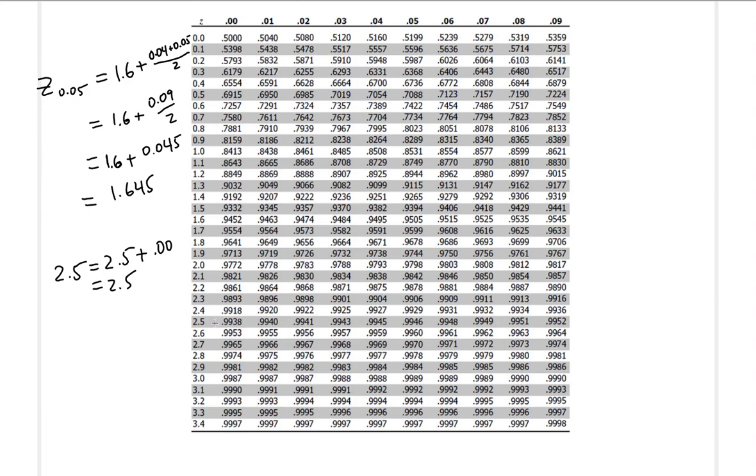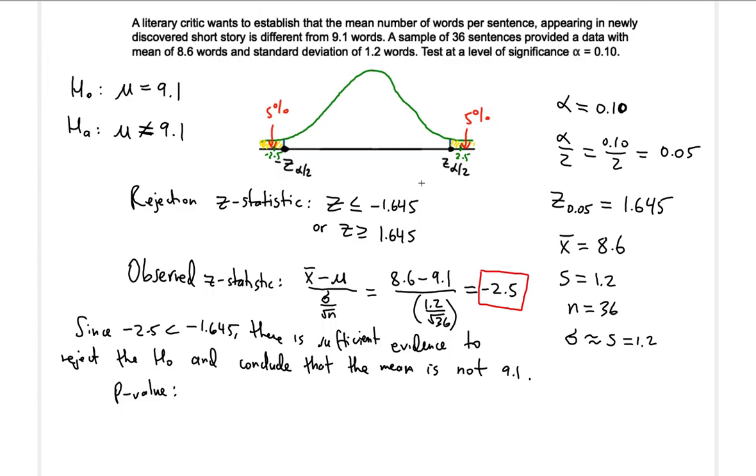Right? So 2.5. So to find the p-value, we need to subtract this value from 1. Because remember that we're talking about the rejection, the remaining probability to the right of the 2.5 z value, right? The remaining probability to the right of this percentile z that we found.